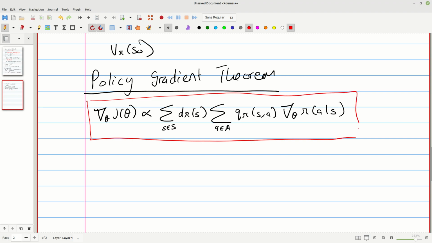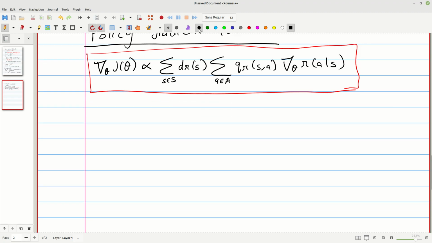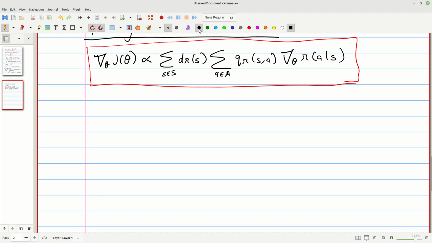Right? So of course, the question you might have in your mind is, how did this actually come to be, right? So we're actually going to go through the derivation and the proof of this theorem so that we better understand how it came to be and why we use this form of this equation. So let's actually get started with our proof, right?